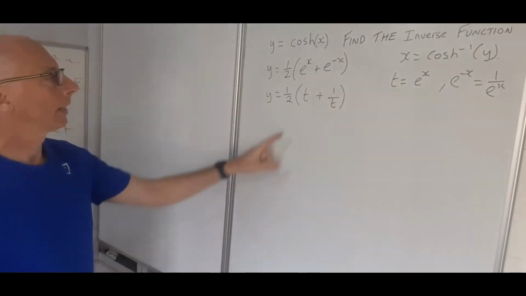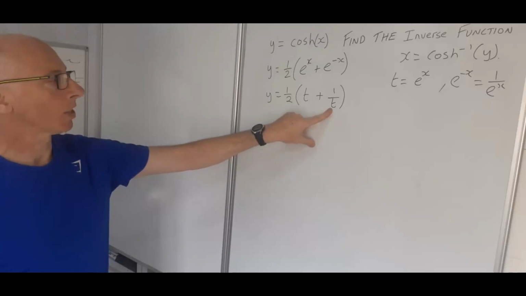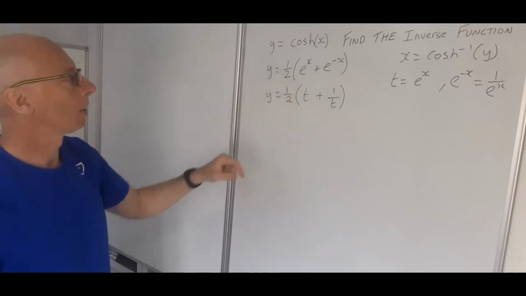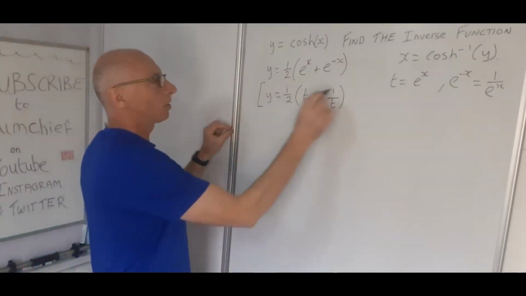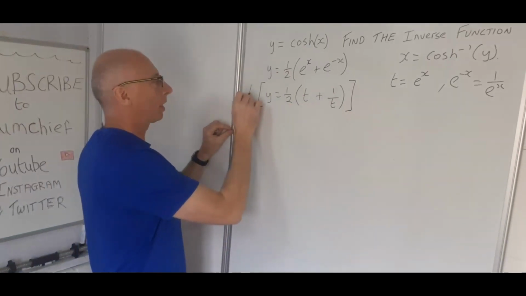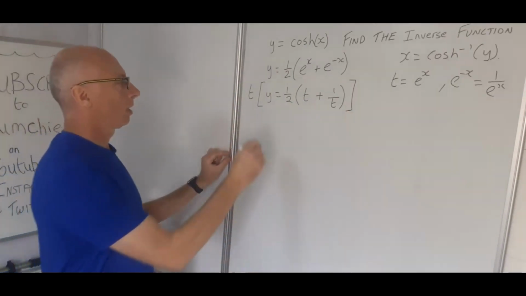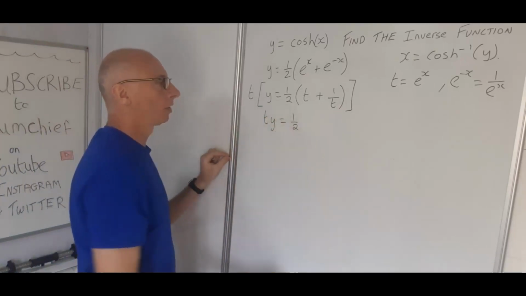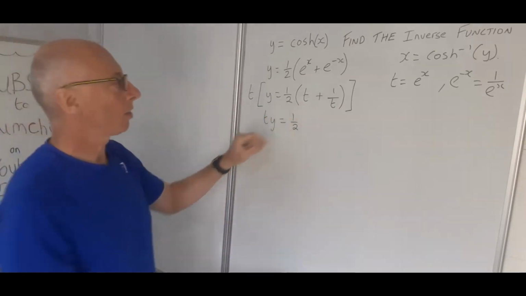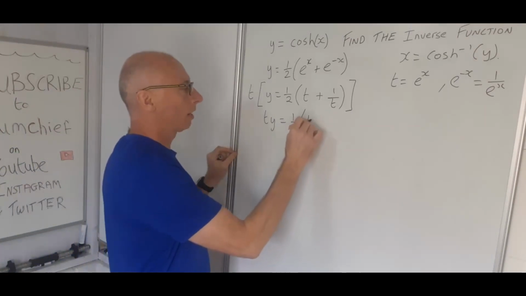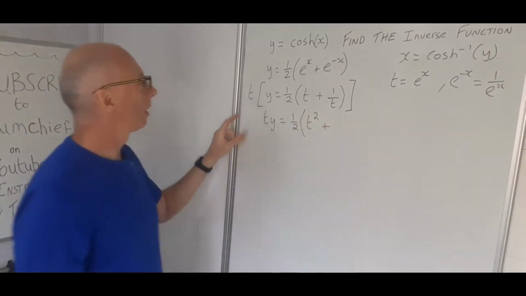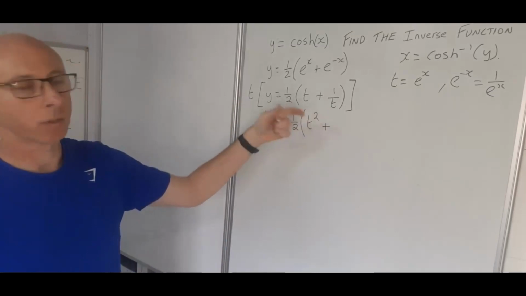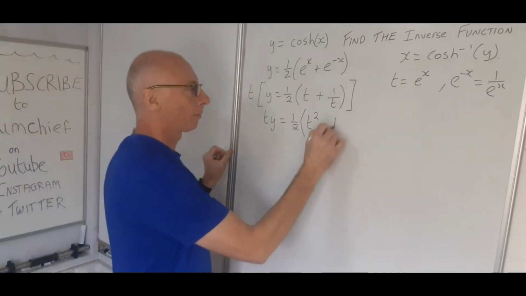Now we've got an improper fraction here, so let's try and get that out. Multiply through everybody by t. So now we'll get ty equals 1/2. Multiply this through by t, we get t squared. And then multiply this through by t, we get t over t, which is just 1.